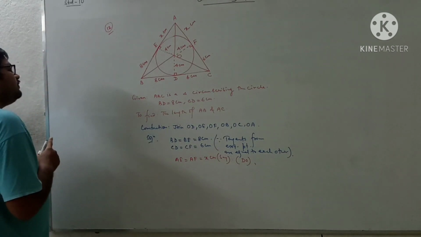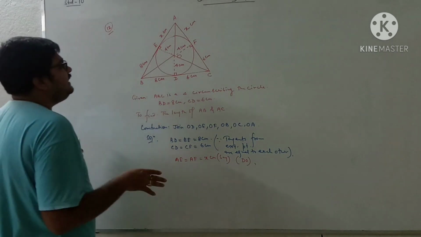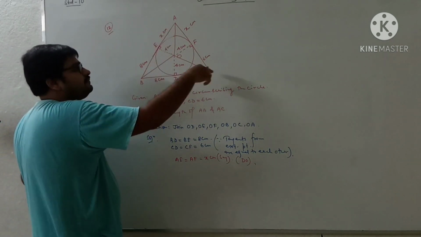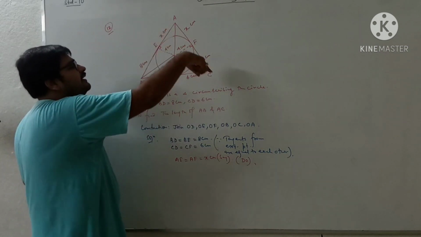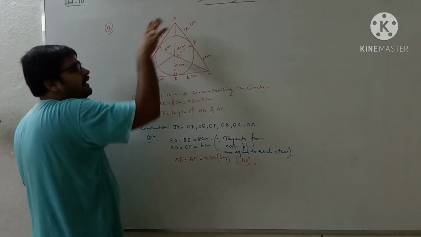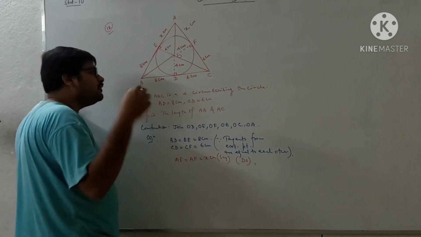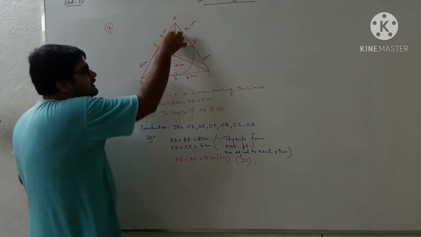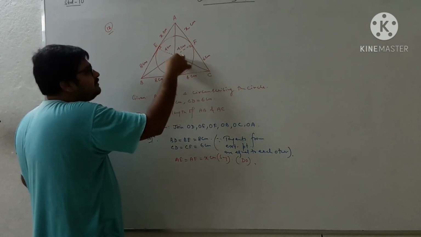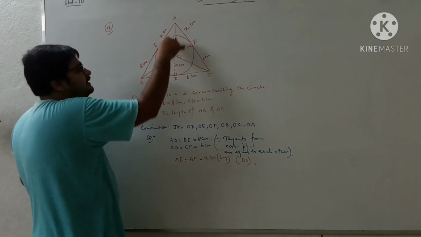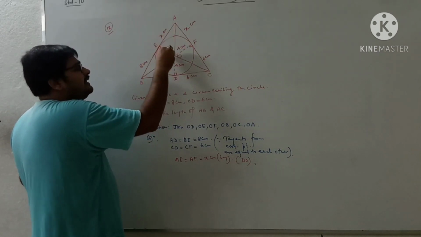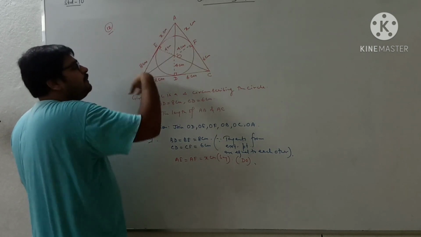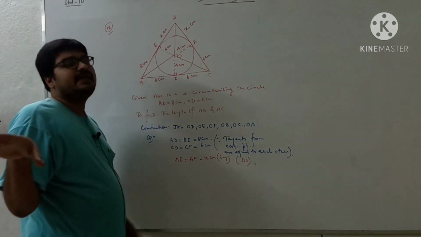Now what we will do? We will find out the area of this triangle in two different ways. First of all, we will find out the area of this complete triangle by Heron's formula. Also, we will find out the area of the smaller three triangles which are made in the figure. If I add them, that is equal to the area of the bigger triangle which we have already taken out using Heron's formula.